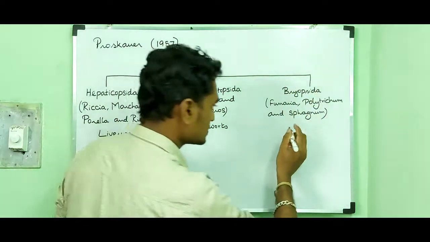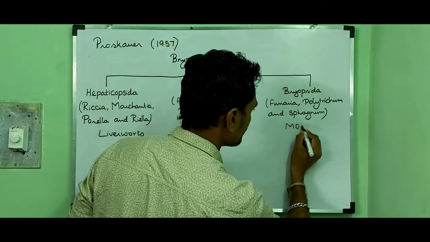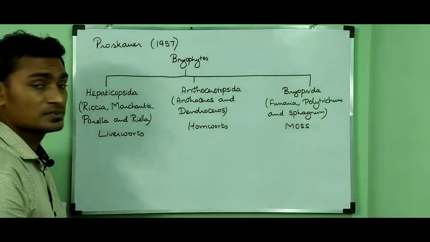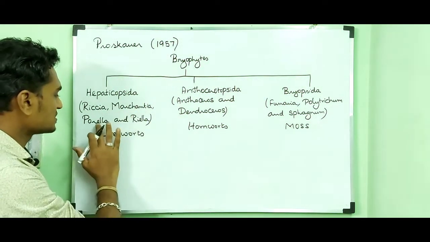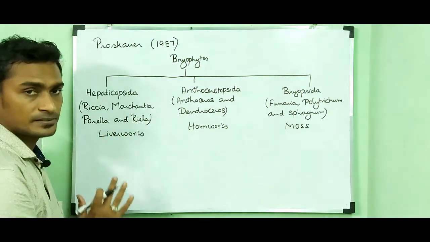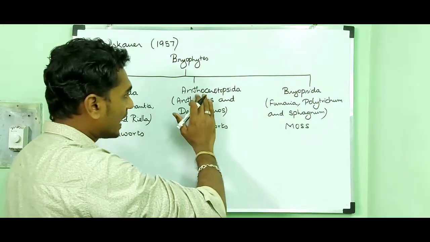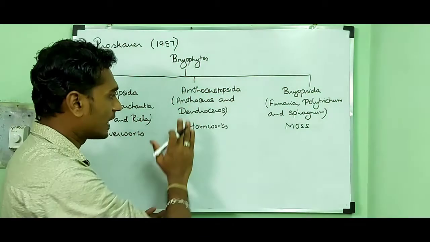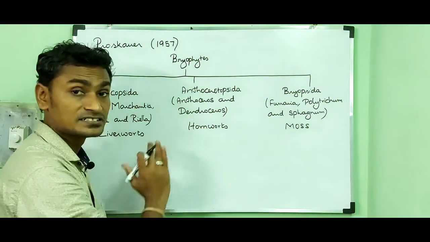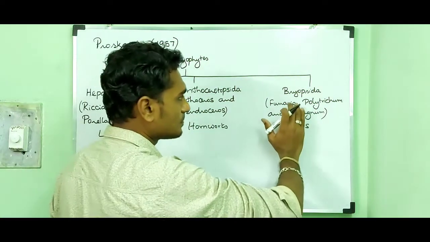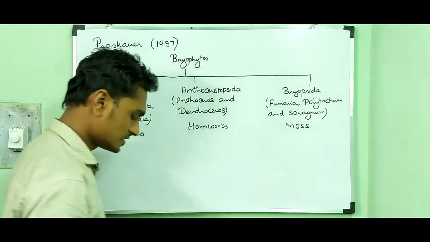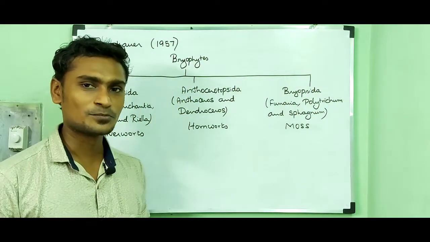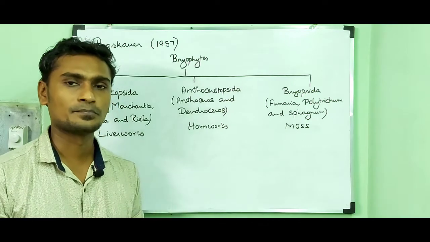Bryopsida is otherwise called moss. Examples for Hepaticopsida are Riccia, Marchantia, Corsinia, Riella. Examples for Anthocerotopsida are Anthoceros and Dendroceros. Examples for Bryopsida are Funaria, Polytrichum and Sphagnum. That's all about the classification of bryophytes.